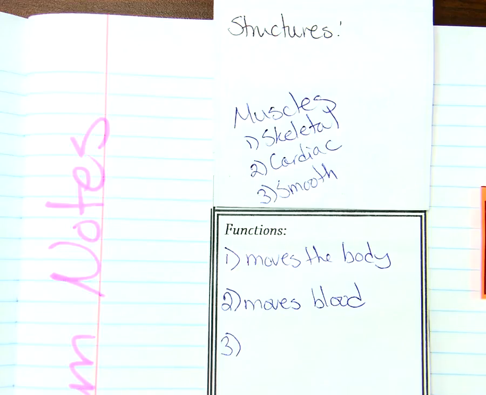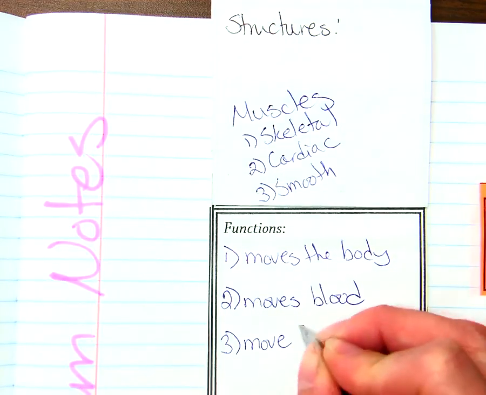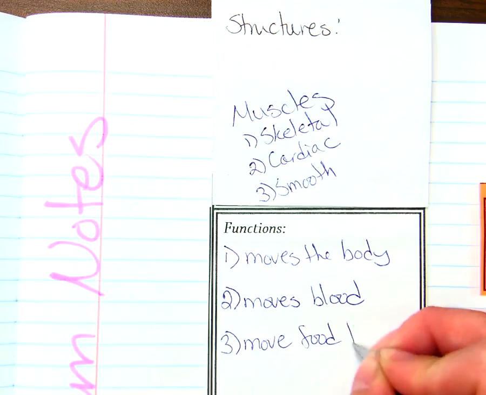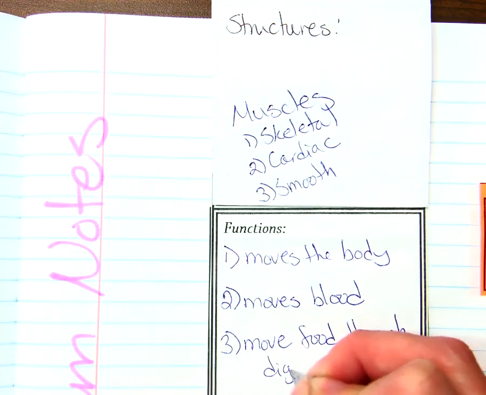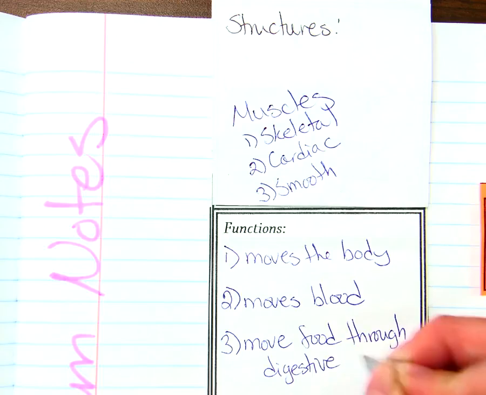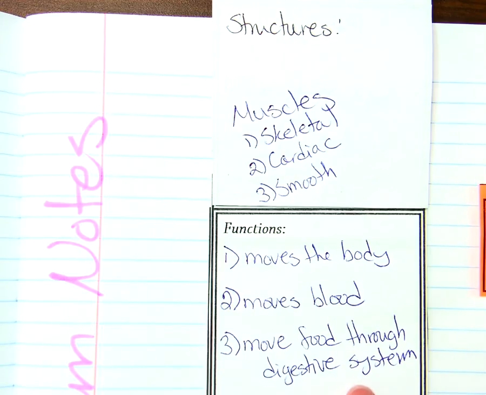Then 3, the smooth muscles. Your smooth muscles make up most of your other organs, things like your stomach and your intestines.